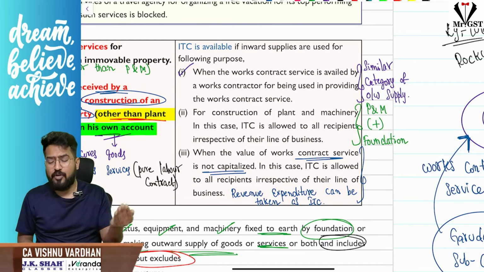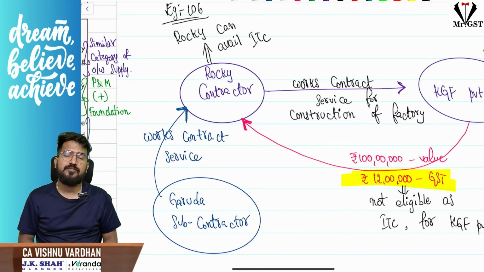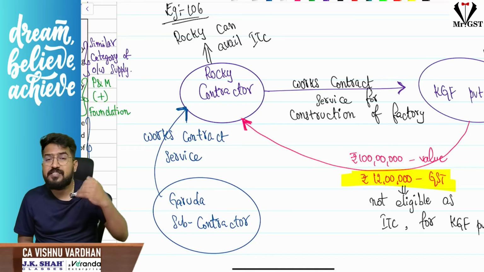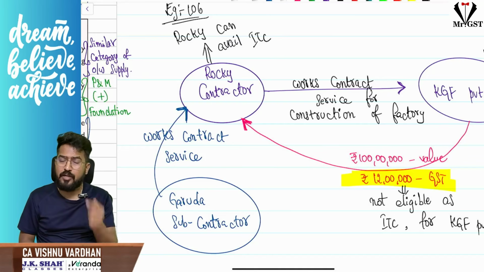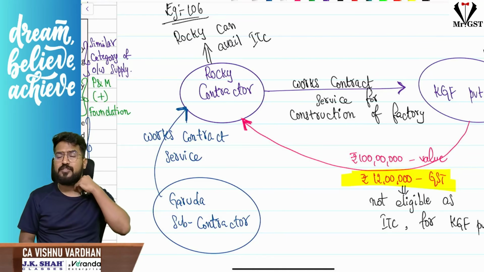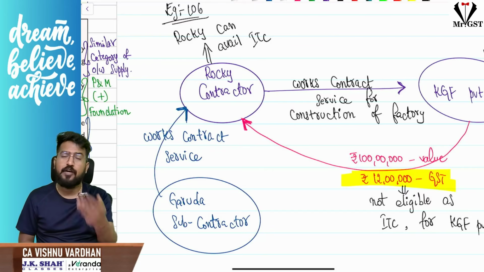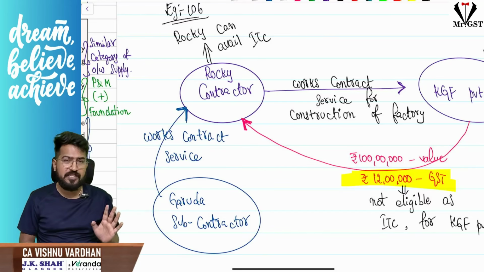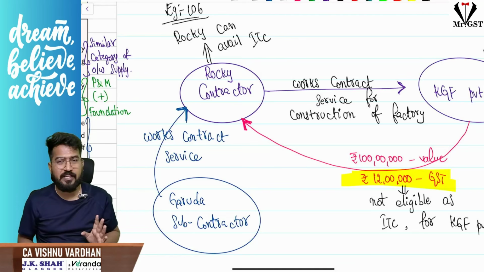That means Rocky Bhai is outsourcing part of the work to Mr. Garuda, another works contractor, providing services to Garuda. Garuda can avail ITC. Or Garuda is buying bricks, iron and steel, cement, all this stuff to provide works contract services or construction services. Then Garuda can take ITC. Are you able to understand? So you are buying these things to provide similar category of outward supply, then you can take ITC.